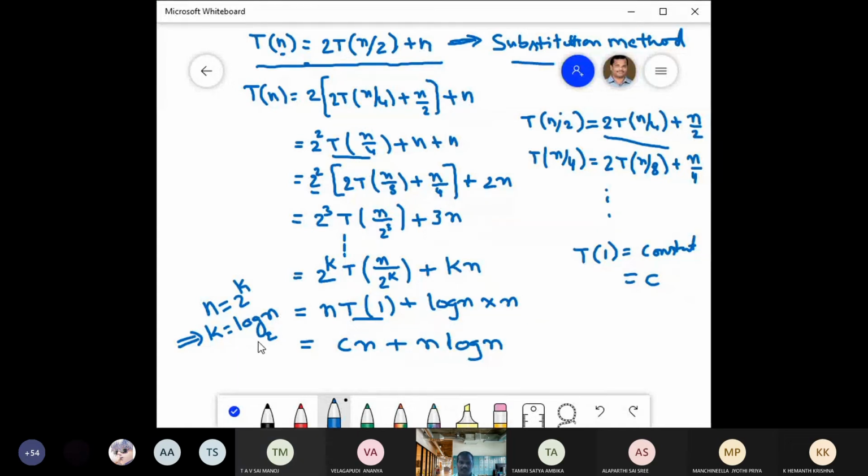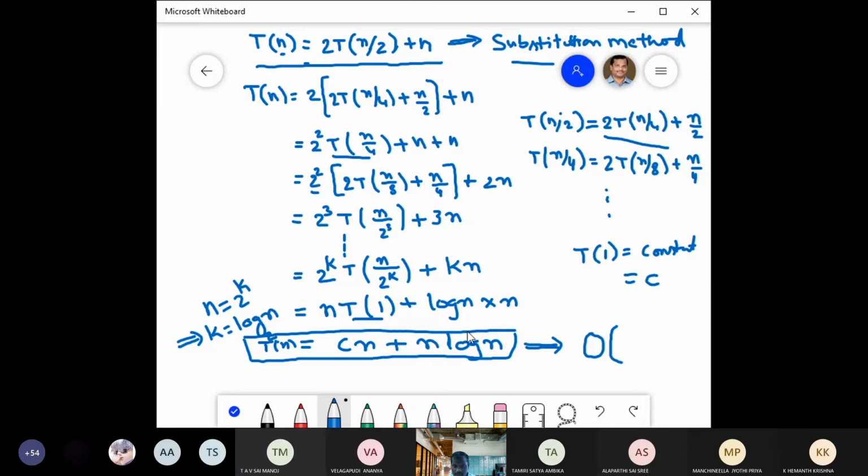So T of n is Cn plus n log n. This is the time complexity expression after applying the substitution method. If you express it in big O, what is the order? There are two terms, Cn and n log n.